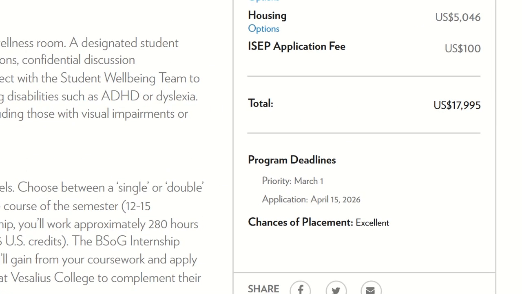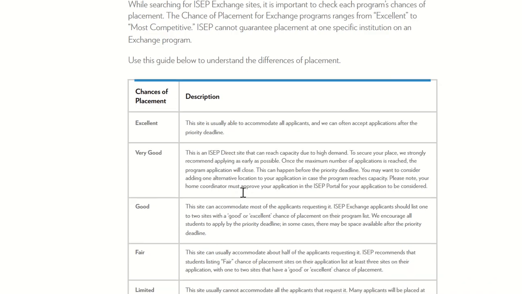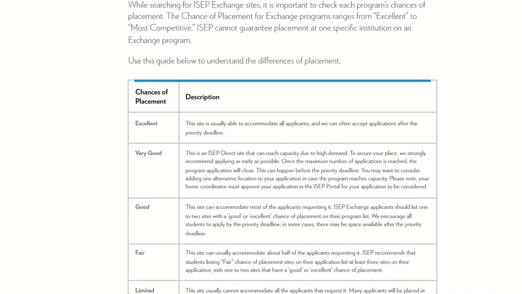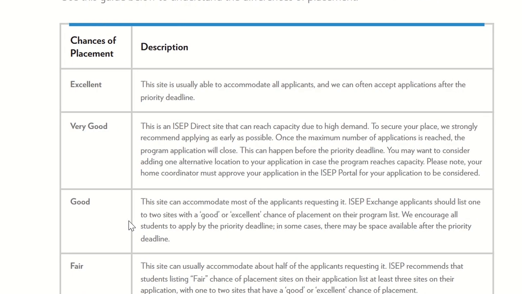For most ISEP Direct programs, the chance of placement is excellent. However, it is possible for our most popular programs to reach program capacity. These programs still have a very good chance of placement, yet applications are accepted on a first-come, first-served basis.